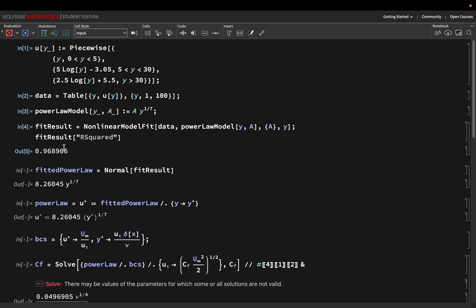If the value is closer to 1, then it means it's a very good fit. Ideally, if it is greater than say 0.95 or something, we can consider that the fit is reasonably good enough. So with that particular fit, the power law that I am getting is shown here, 8.26 times y plus to the power 1 by 7. So I'll be using this relation.